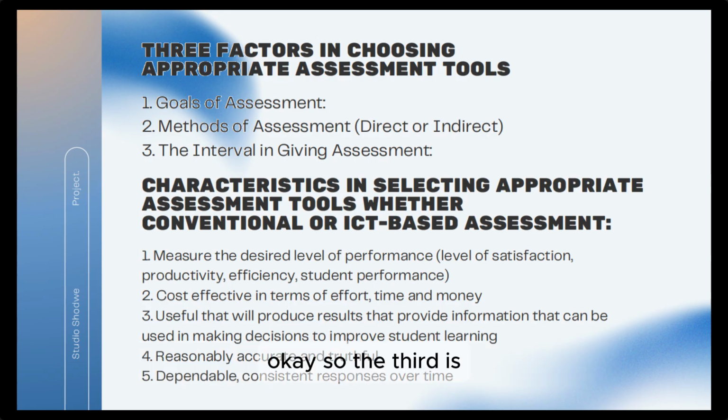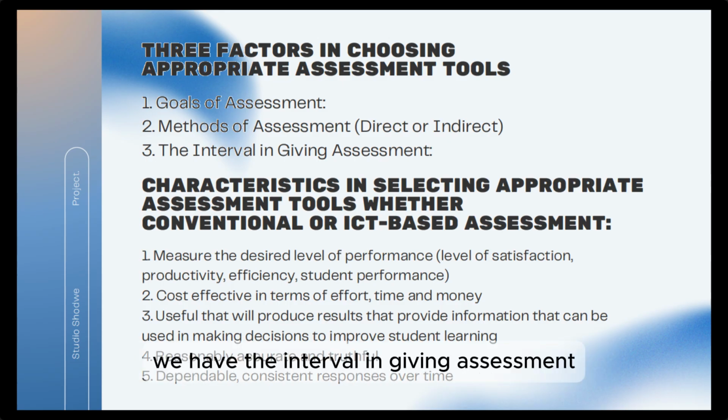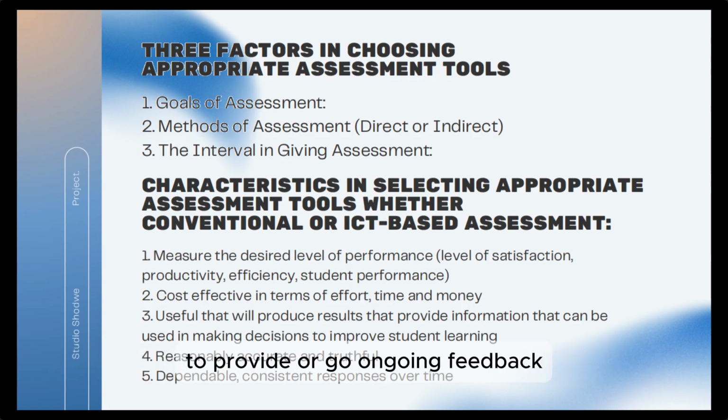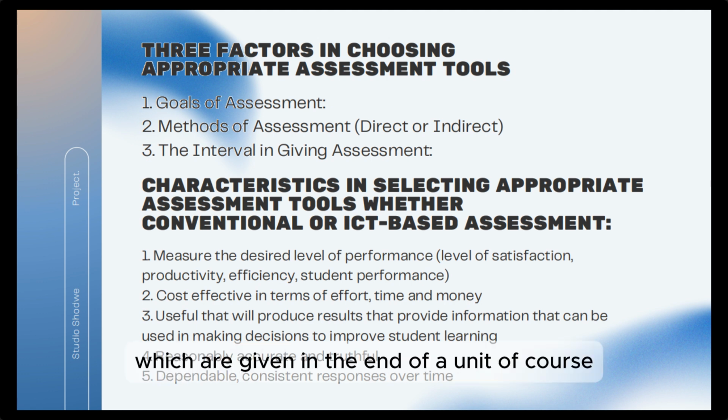Okay, so the third is we have the interval in giving assessment. So, timing is very important. Assessments can be formative, which means they are given during the learning process to provide ongoing feedback, or summative, which are given at the end of a unit or course to measure overall achievement.